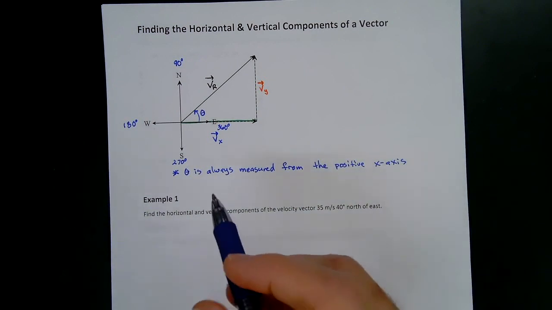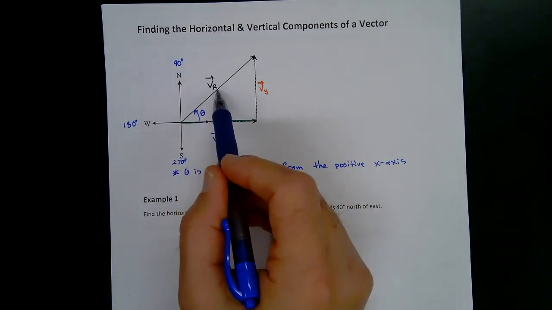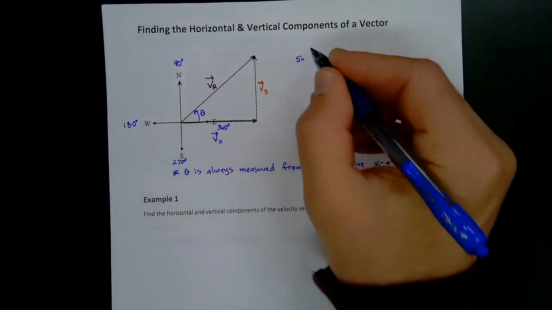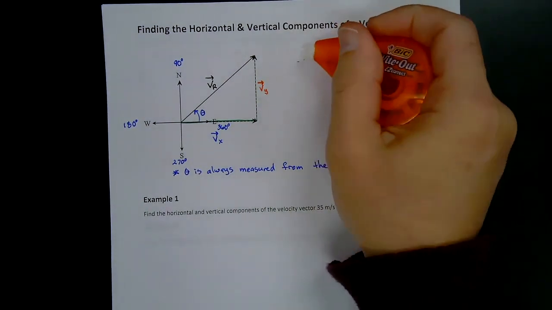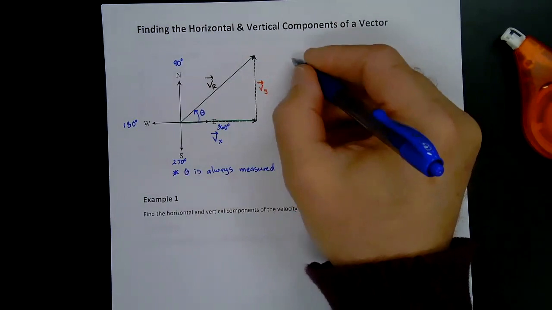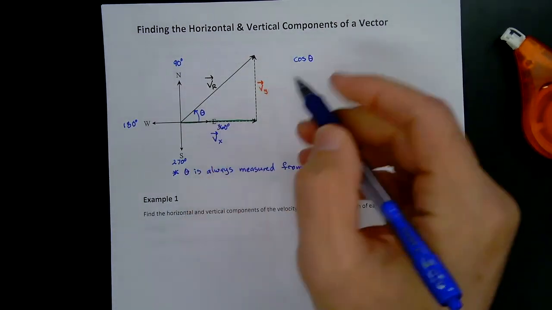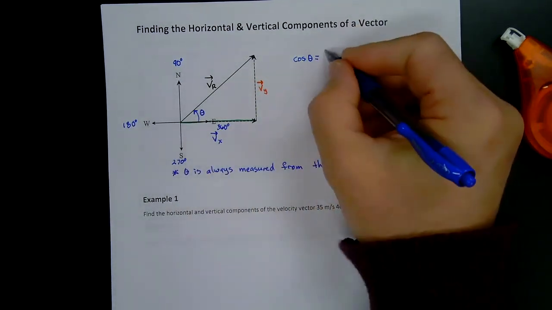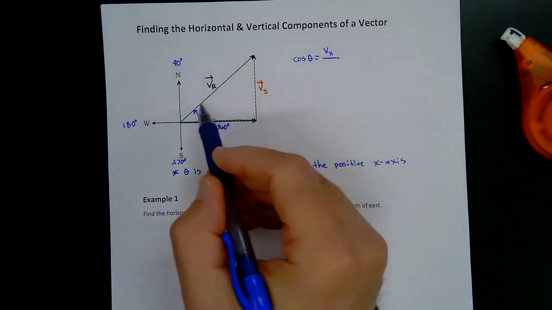And so we know from this angle, because I'm going to give you the angle and I'm going to give you the hypotenuse, right? We know that cosine of angle theta, again, angle theta is measured from that positive x-axis, is equal to the adjacent leg, which is v sub x, over the resultant vector v sub r.